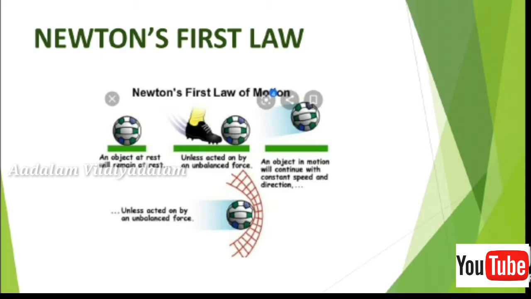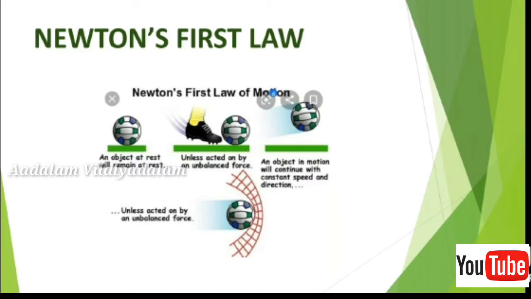In other words, if you drive a car in a straight line in uniform motion, how do you turn the direction of motion? Yes, the direction of movement of the car is changed by applying a force on the steering. Then you turn the car either to the left side or the right side.